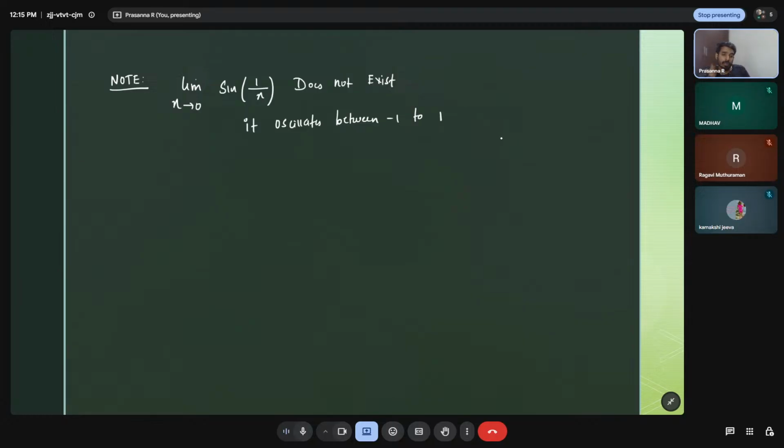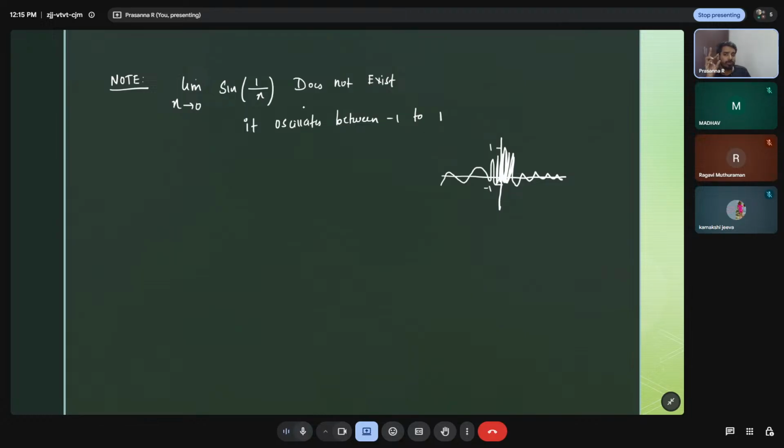So the graph will be very good, but when it comes to 0, it just flutters between minus 1 and plus 1, and then it will go smoothly. So for sine 1 by x, when x is tending to 0, the limit will not exist, right?